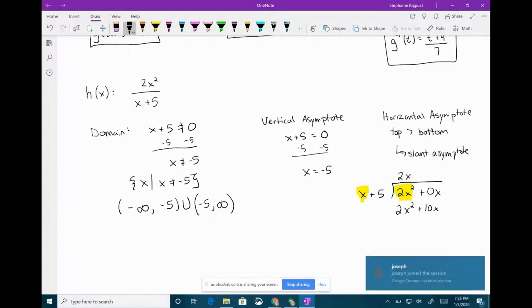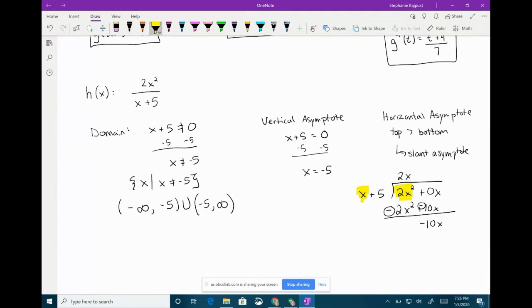And then we're subtracting these. So I'm going to draw the line, and then I'm going to change all the signs because we're subtracting. So then we have 2x squared minus 2x squared, which is 0. 0 minus 10, so that's negative 10x.